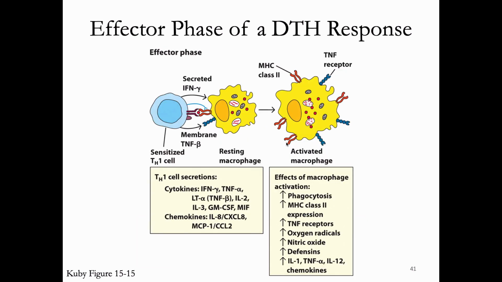The next time that you see antigen, you already have Th1 cells present and ready to respond. These are now those activated memory cells that respond with a much lower threshold. They respond much faster and much stronger. And so when you see that response, suddenly you're going to see a whole lot of cytokine secretion and a whole lot of some type of inflammatory response.